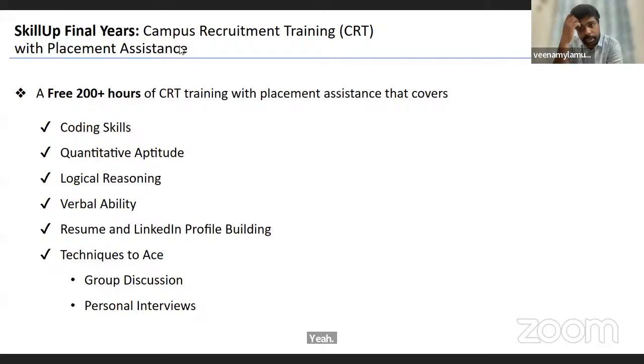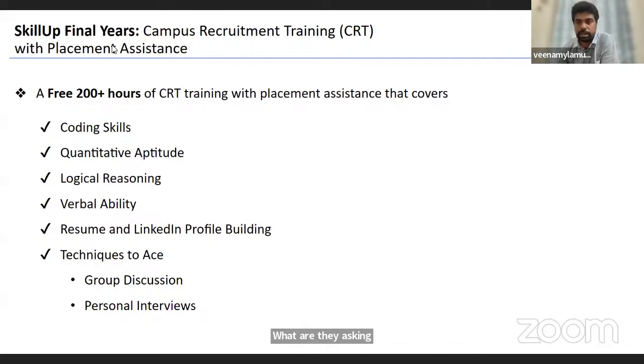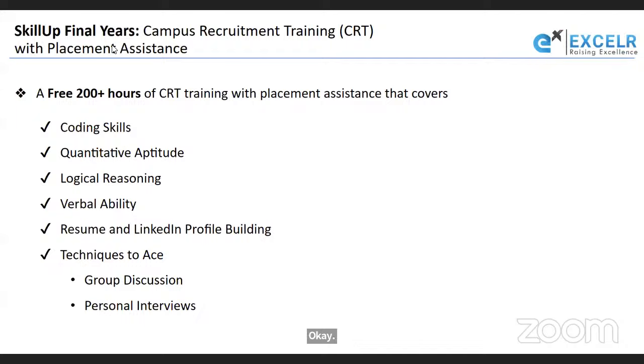Attendance. Nitya, I think people regarding that LMS are also asking. What are they asking? They were asking how to practice the questions. Okay. So, Amar? Yes, Nitya. Yeah.